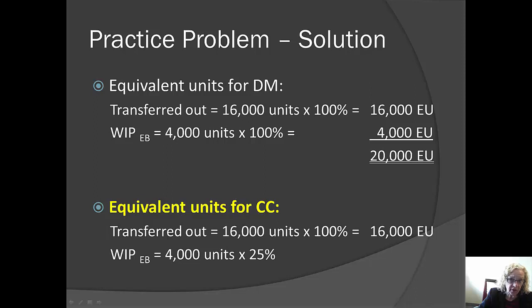They represented 4,000 physical units, but those units were only 25% complete for conversion. Therefore, they represent the same amount of effort as it would take to make 1,000 units completely complete. Add that up and we get 17,000 equivalent units for conversion.